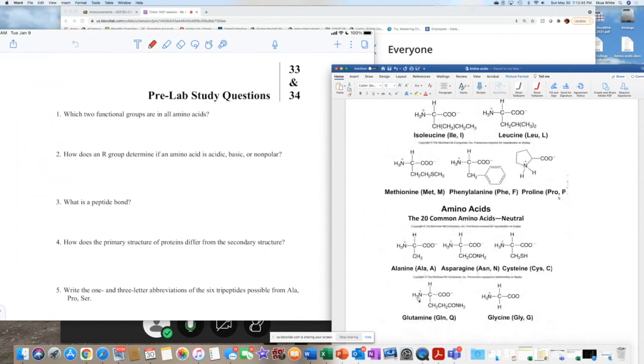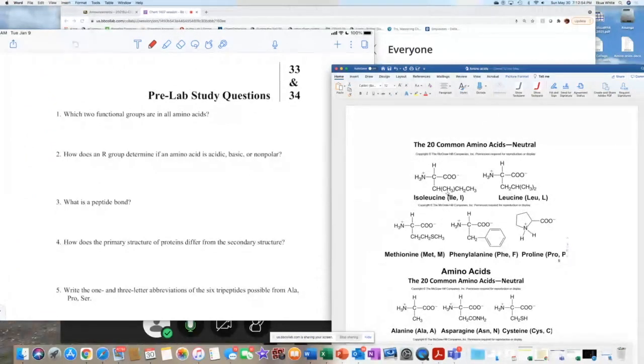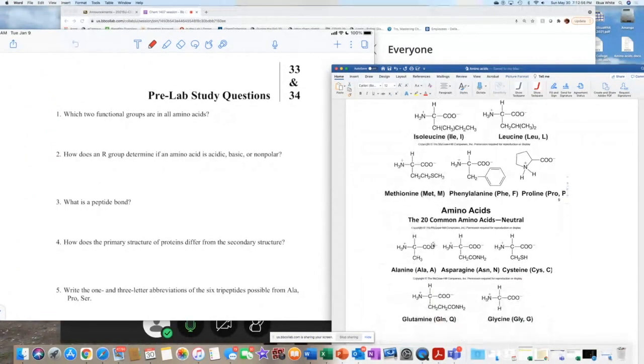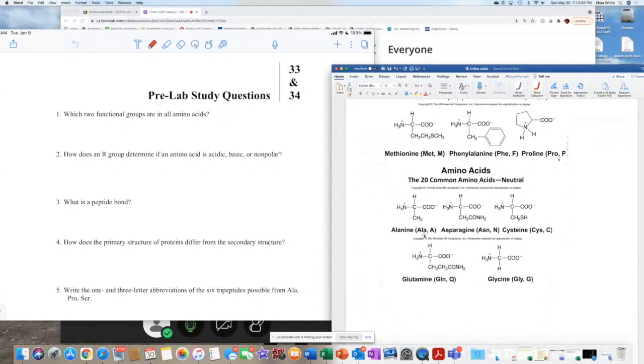Or alanine would be nonpolar. I was wondering why that wasn't mentioned here, and I was trying not to go into it if it wasn't mentioned, but it's mentioned in your lab book. So, yeah, isoleucine, leucine, alanine, these are all nonpolar because the side group is an alkane.